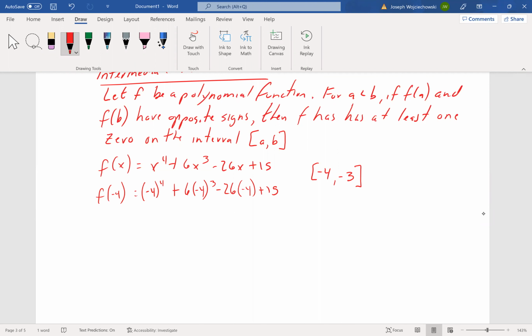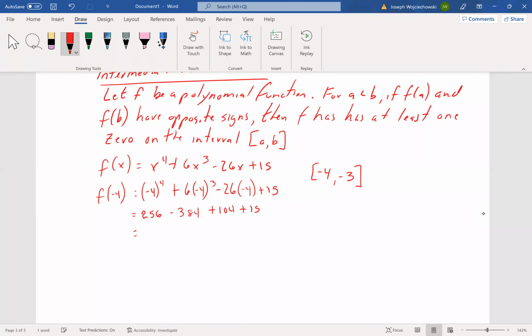And let's do this. -4 to the fourth, positive 256. 6 times, oops, that's 6 times -64, minus 384. 26 times -4, plus 104, plus 15.